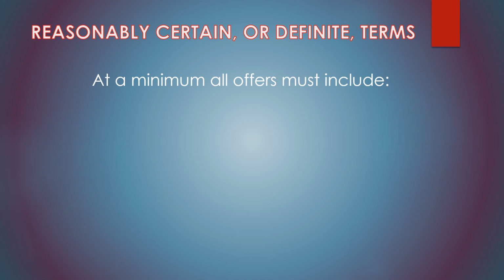All offers must contain reasonably certain or definite terms. At a minimum, the offer must contain who the offer is being made to, what the contract is for, when the contract will be performed, where the contract will be performed, the quantity, the number of items the contract covers, if applicable, and price, how much the contract costs.